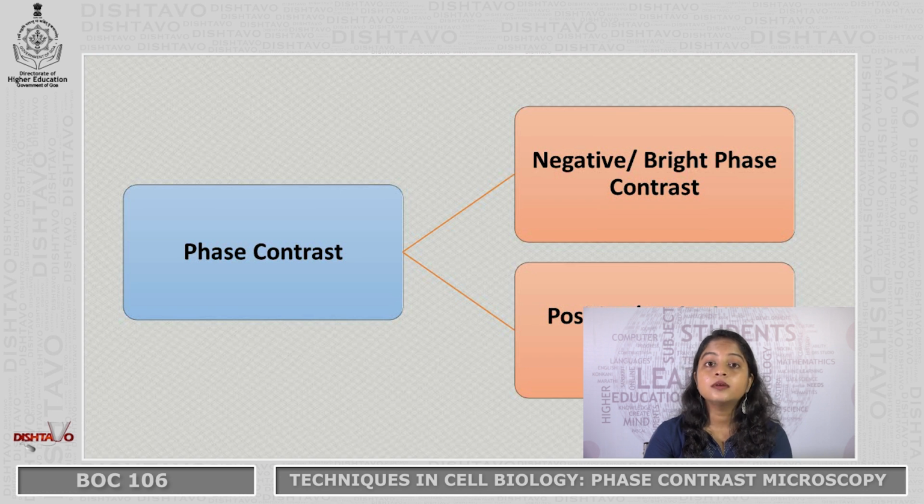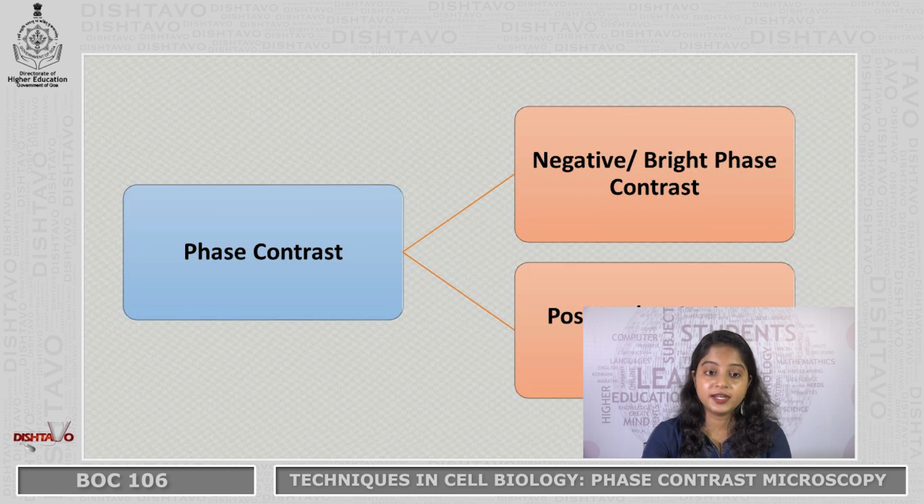The background is formed by non-diffracted rays and is of normal intensity. Therefore in negative phase contrast the specimen appears brighter, and in positive or dark phase contrast the specimen appears darker and well defined against a normal intensity background.